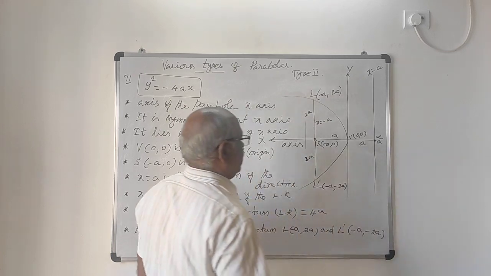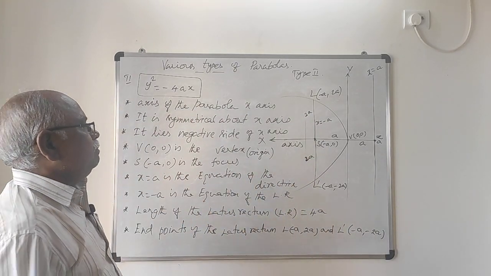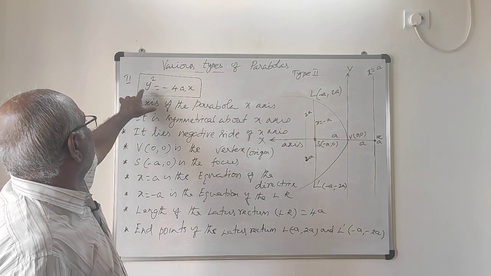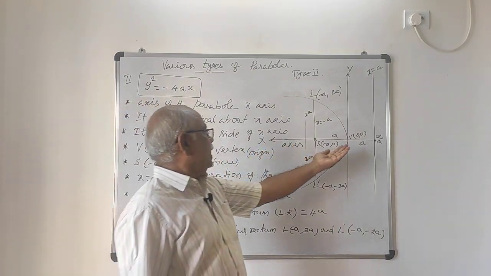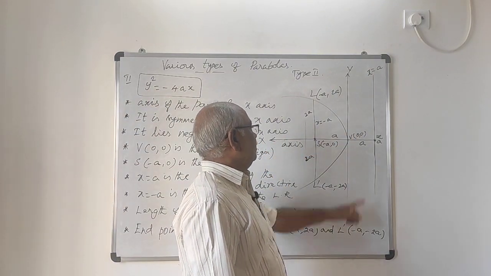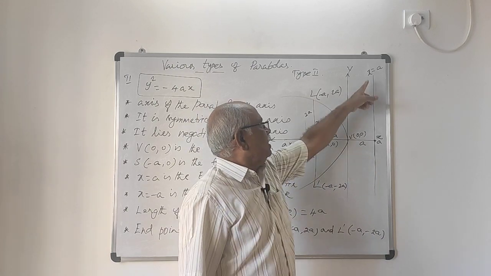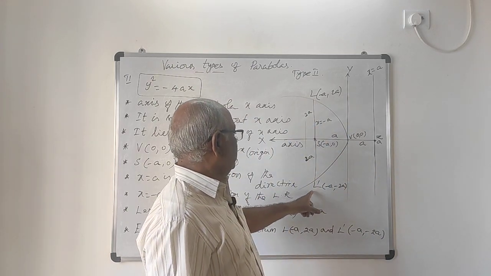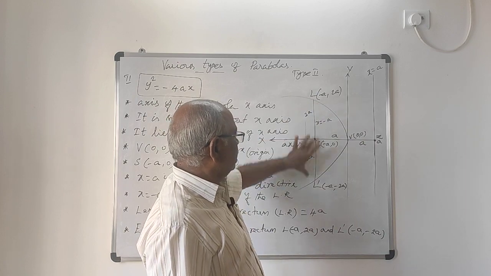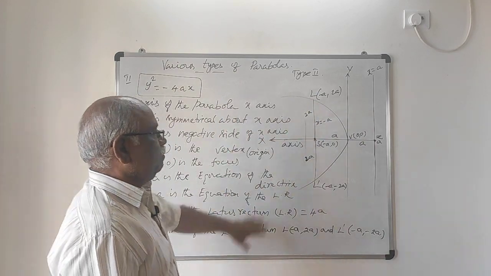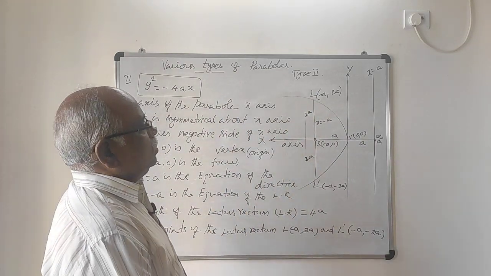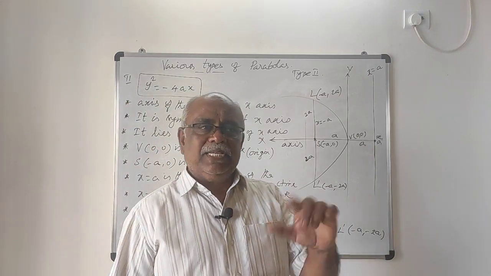These are the endpoints of the latus rectum. That's all about the type 2 parabola y square equal to minus 4ax, on the negative side of the x-axis. Vertex, focus, directrix, latus rectum, endpoints and length of the latus rectum, everything you have seen. This is type 2. Type 3 and type 4 parabolas you will see in the next video.